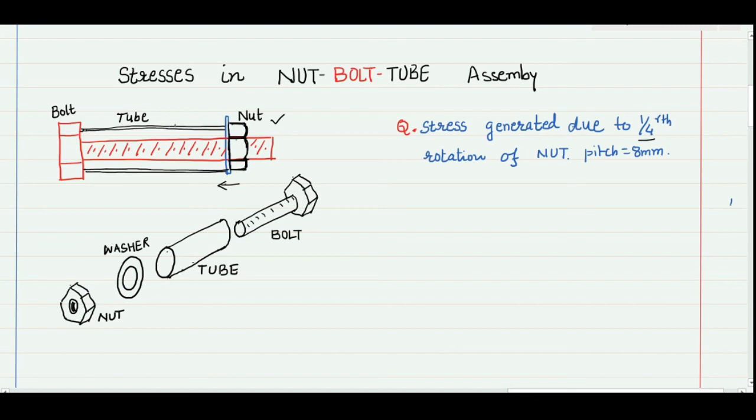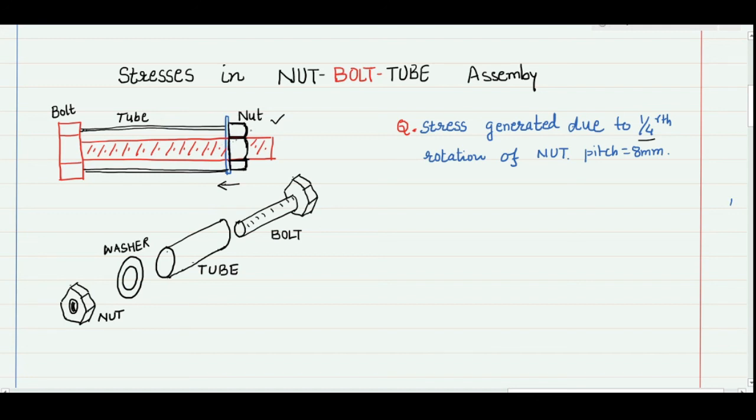The tube will apply an equal and opposite force to the nut, and that force is ultimately going to be transmitted through the entangled threads of the nut and the bolt. Actually, inside the nut there is a thread of the nut and the bolt which are in contact.